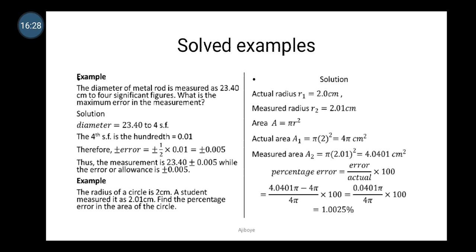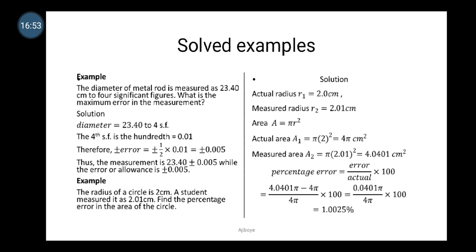The degree there is hundredth. So if you now take the plus or minus error of the hundredth, that will be equal to plus or minus half times 0.01, which is therefore equal to plus or minus 0.005.